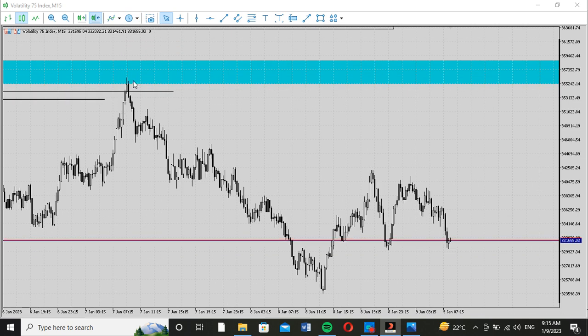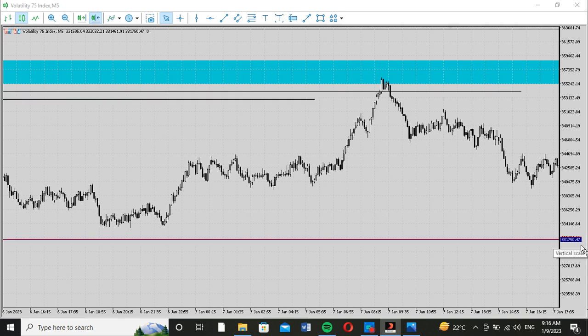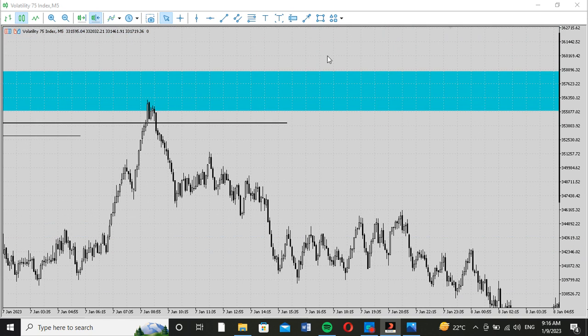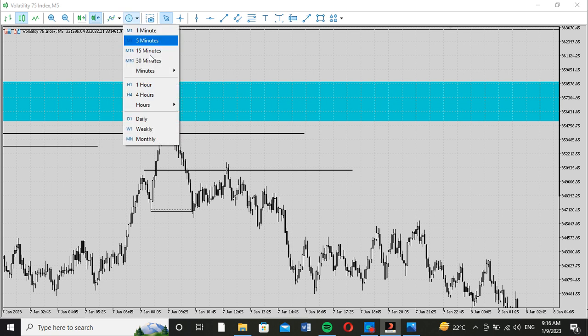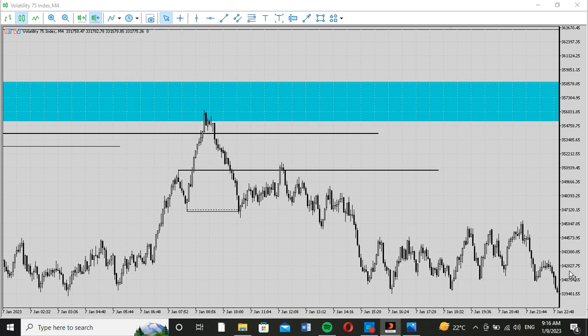We move down to 5 minutes. All right, so we have this high right here. After price tapped our point of interest, traded lower, and then we see a break of low right here. So to me, I think I'll find a flip right there to sell from.